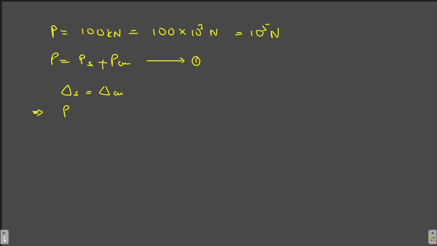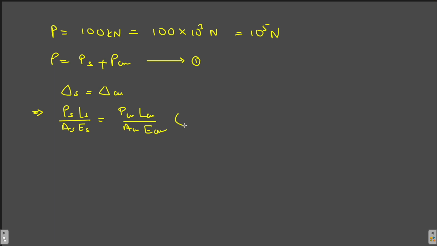So that means change in length, that is force in the steel, length of steel by area of steel into E, that is Young's modulus of steel, should be same as load carried by copper, length of copper, area of copper by Young's modulus of copper.